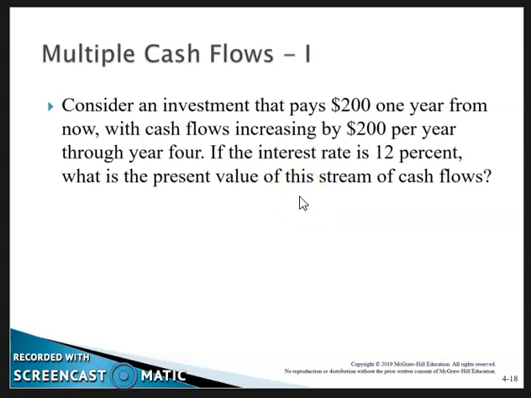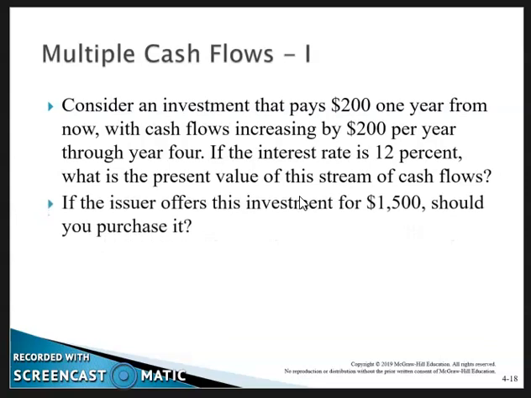Some annuities do make payments at the beginning of the year. We'll talk about those later. If the issuer offers this investment for $1,500, and remember your required rate of return is 12%, should you purchase it? Let's go over to our calculator.